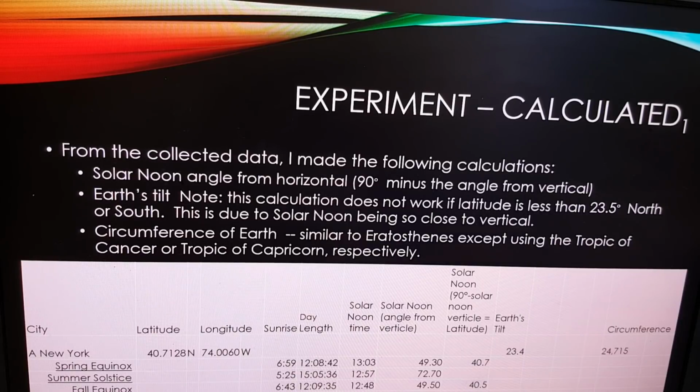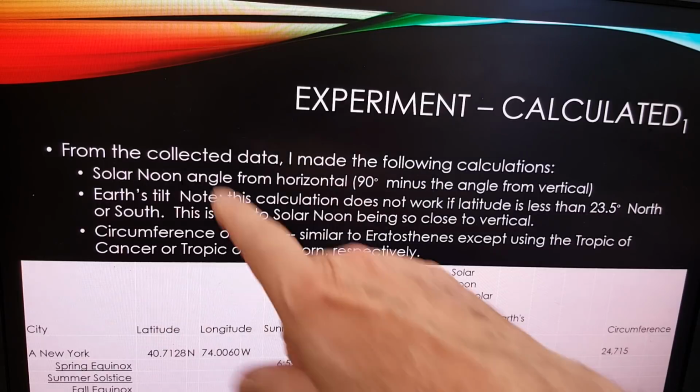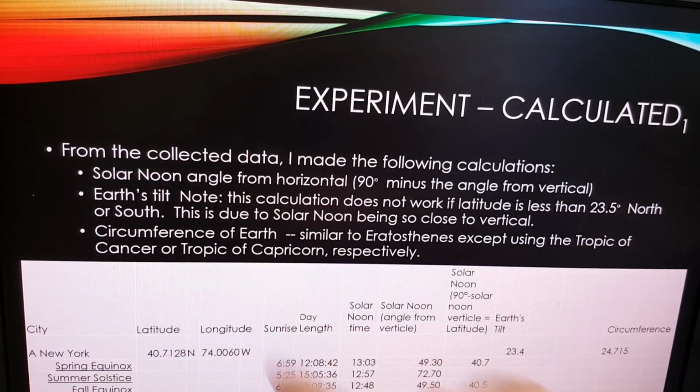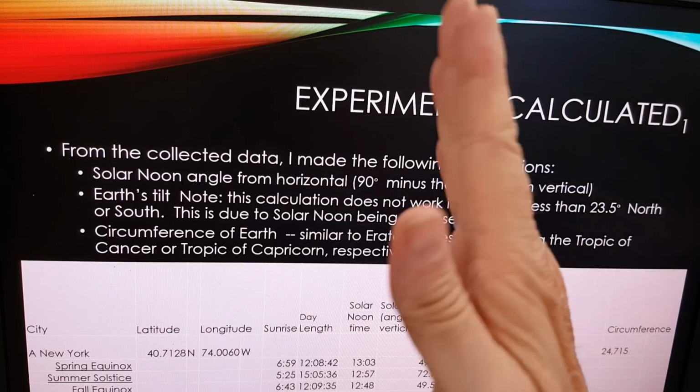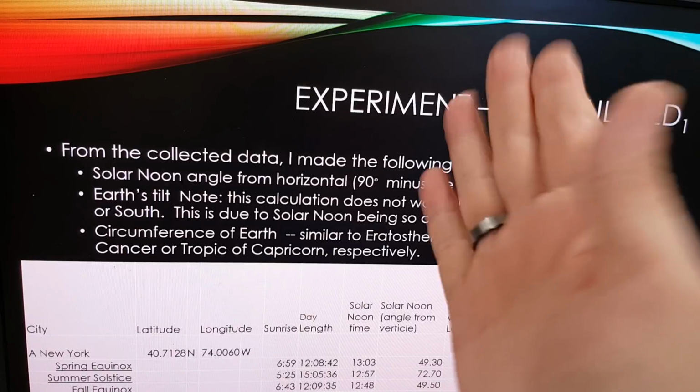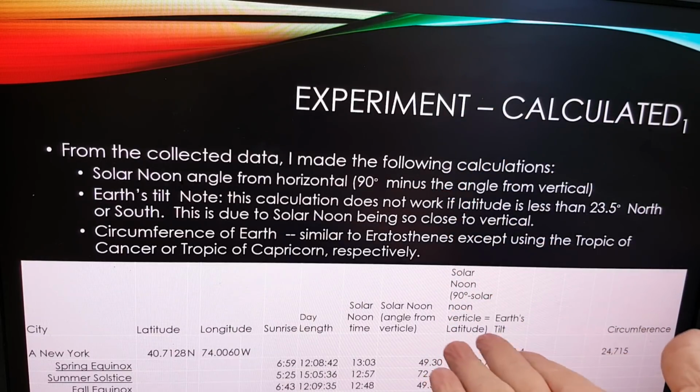Those are input data to my experiment. So from that data, I made 3 calculations. You can see here, solar noon angle from the horizontal. So I not only wanted the angle off the vertical, I wanted the angle from the horizon up.